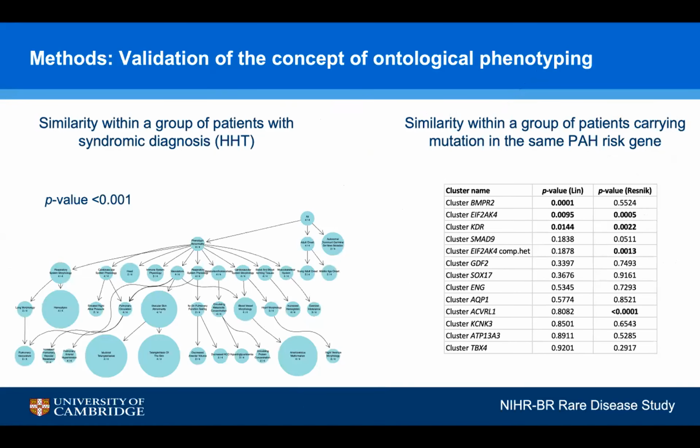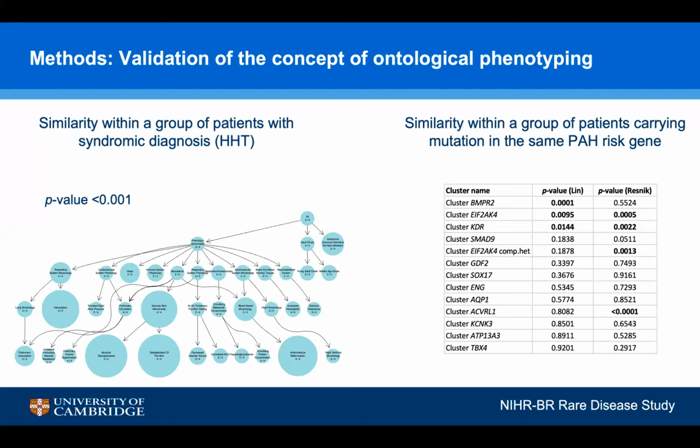To validate the concept of ontological similarity for a rare variant association study, we calculated strength of ontological similarity in clusters that are already defined, such as patients with hereditary hemorrhagic telangiectasia, and they proved to be very similar to each other. And similarly, in clusters defined by mutation carriers. And here the response was variable.